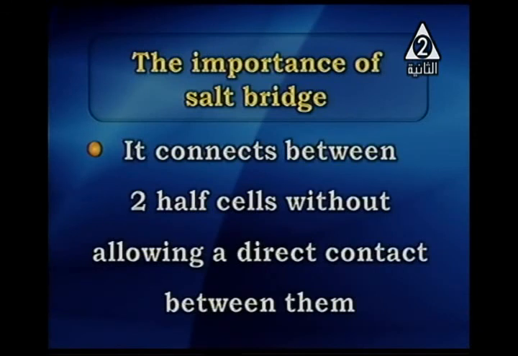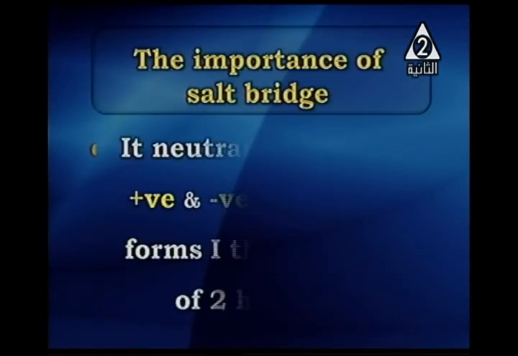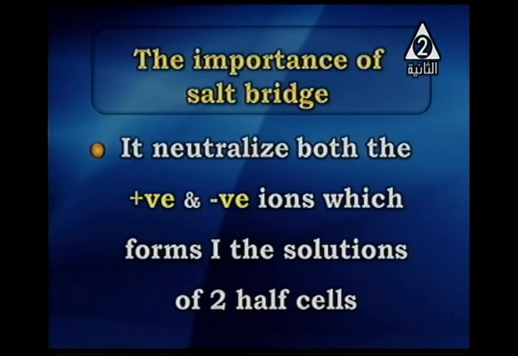So the importance of the salt bridge: number one, it connects the two halves of the cell without allowing direct contact between them. It just helps to pass the electric energy from the first half to the second half and to the wire. Another importance is neutralization.